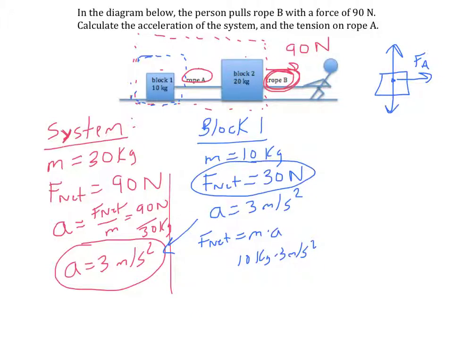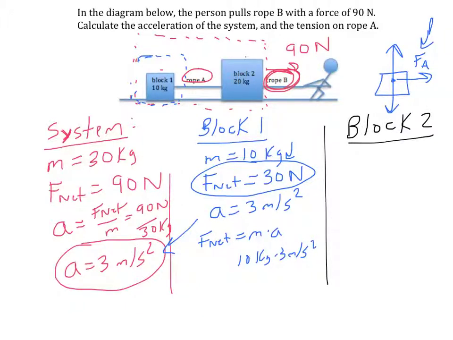If that's the net force on block 1, and the only force that's not being canceled acting on block 1 is TA, the tension of the rope, then the tension of the rope is in fact 30 newtons. But let's double check this by analyzing block 2. Block 2 has a few more forces acting on it.